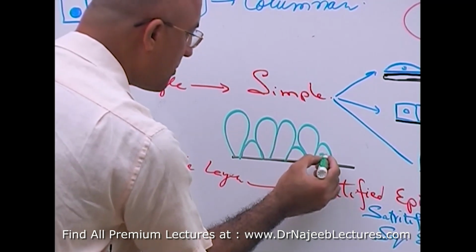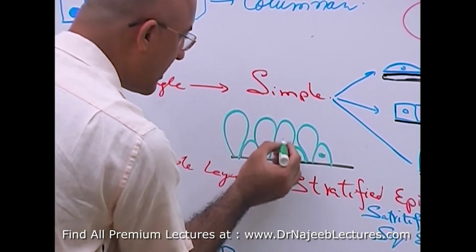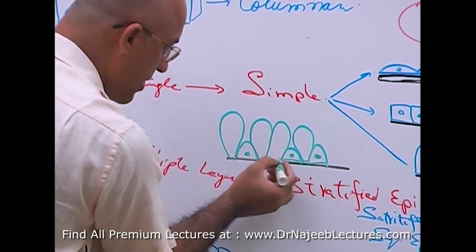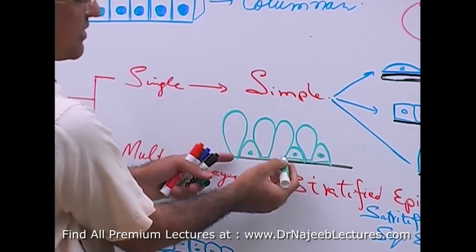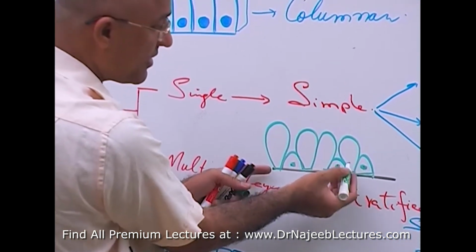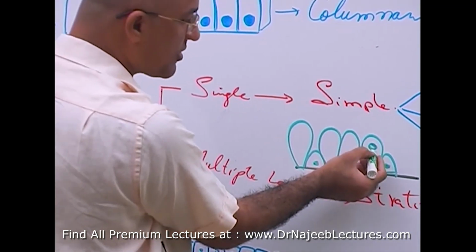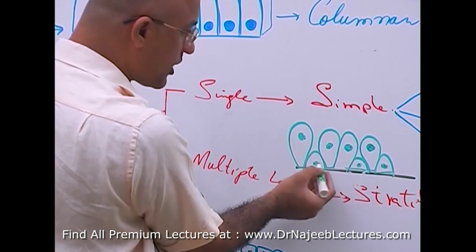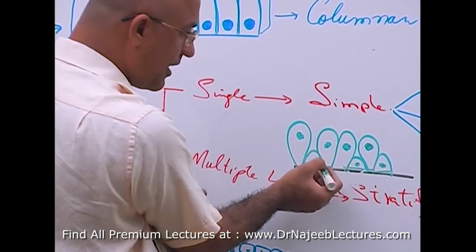Now, this is an epithelium in which every cell is, yes, reaching up to the basement membrane, but because cells have different heights, some cells which are at the top have nuclei at an upper level, and cells which are basal have nuclei at a lower level.